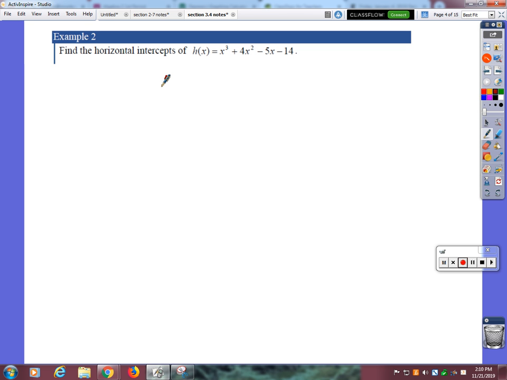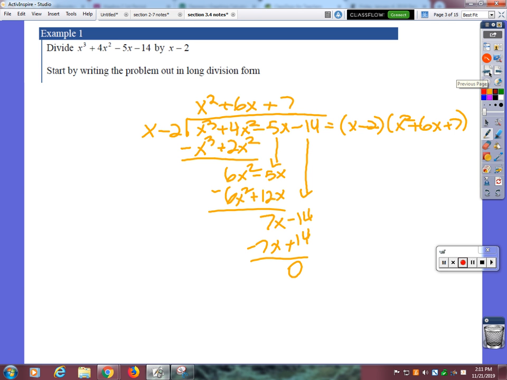So if I want to find the horizontal intercepts of this, I have to set it equal to 0, right? And then I need to solve that by factoring. Well, guess what? We factored it just now, right?